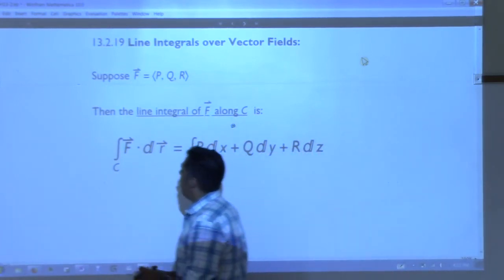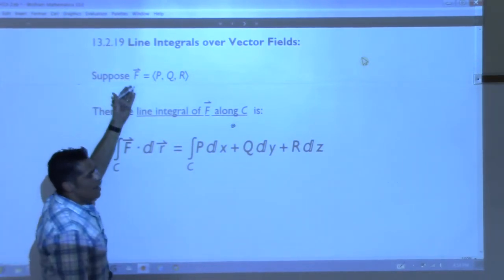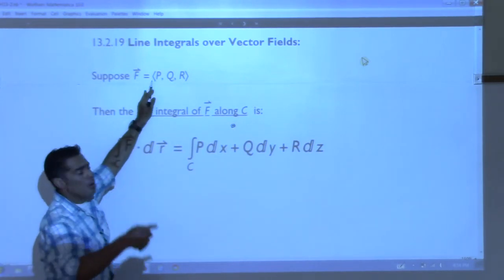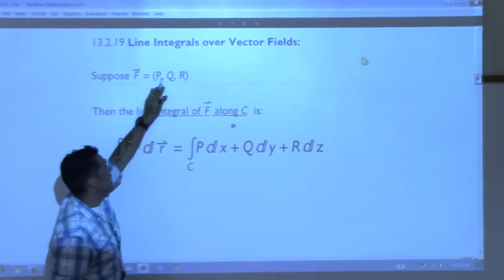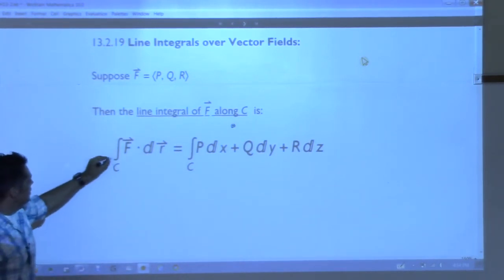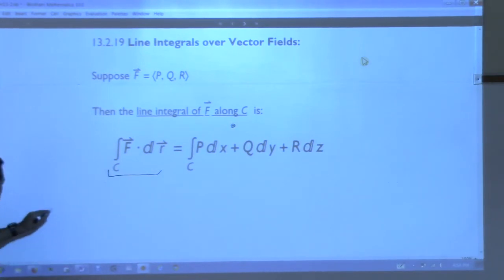Let's say that our force, our vector field, instead of writing it as capital F like this, we write it in its three components, P, Q, and R, in vector form. Then let's look at what this becomes. So this would be the line integral over C. What's F?